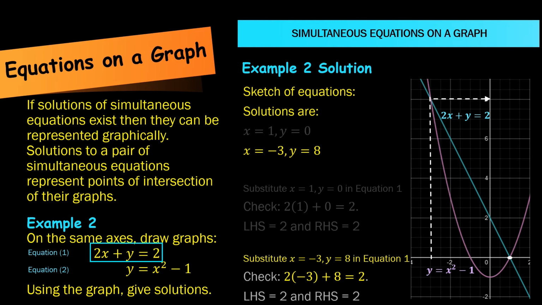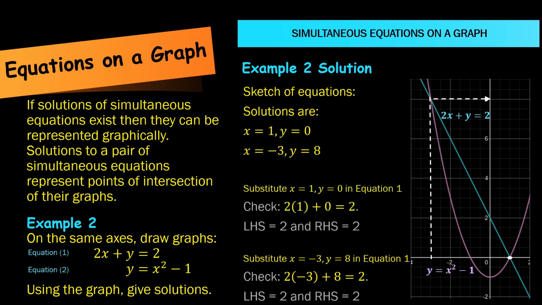Therefore, x equals minus 3 and y equals 8 is a correct solution for the first equation. For a check, it would be sufficient to check in just one equation, as we haven't used this in previous calculations, and we've simply read from the graph.